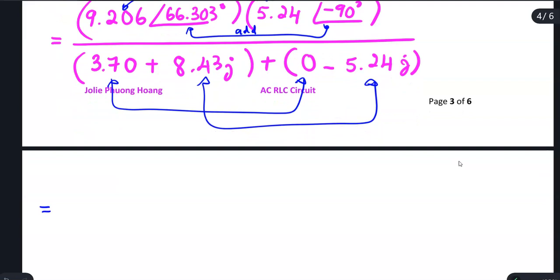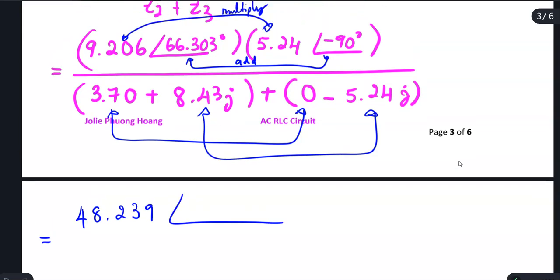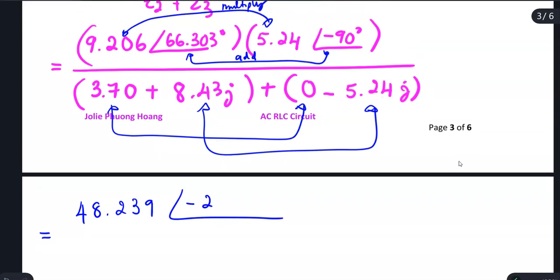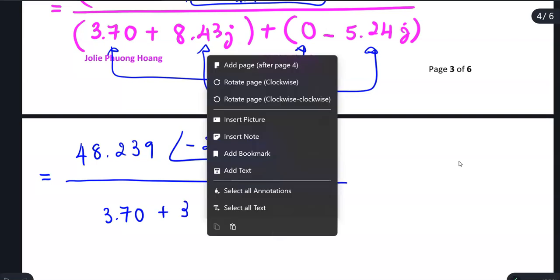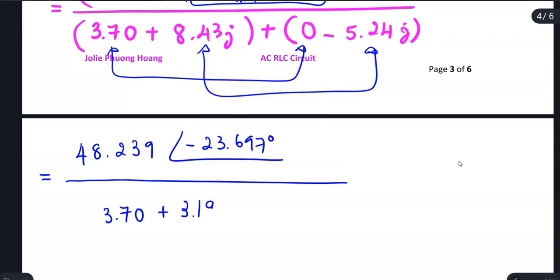So when I do that, I should have 48.239, and the angle turns into negative 23.697 degrees, and the denominator will become 3.70, and then I add that with 3.19J.